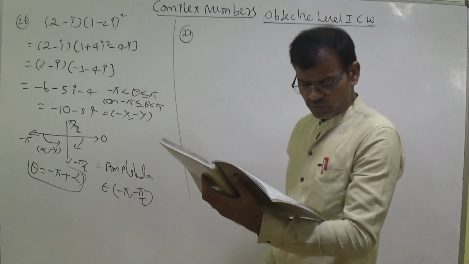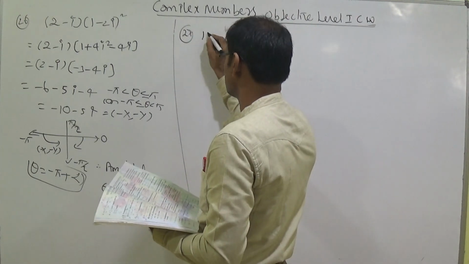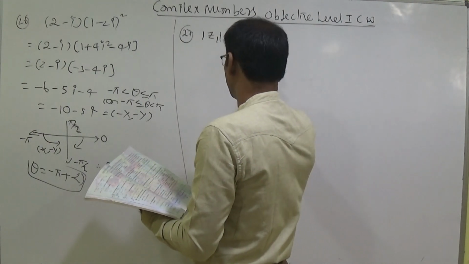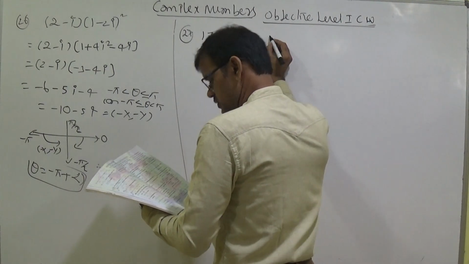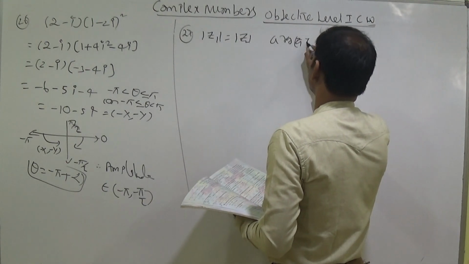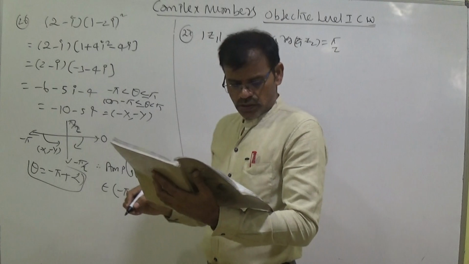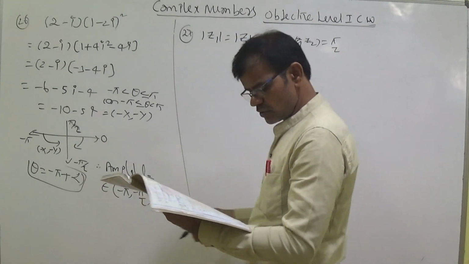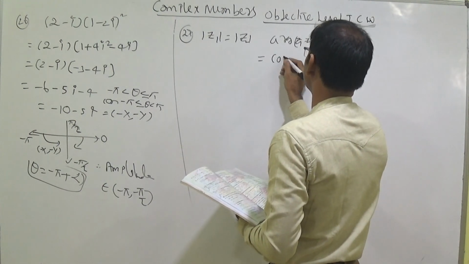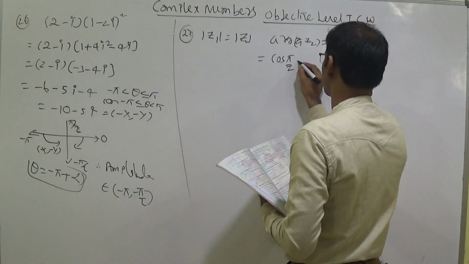Twenty-seventh question. If modulus of Z1 is equal to modulus of Z2, and argument Z1 plus argument Z2 is equal to pi by 2, then argument of Z1 into Z2 is pi by 2.